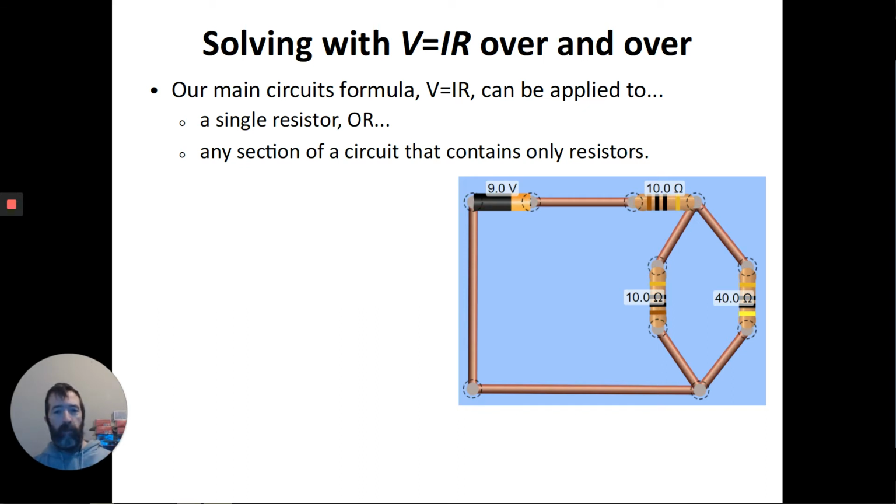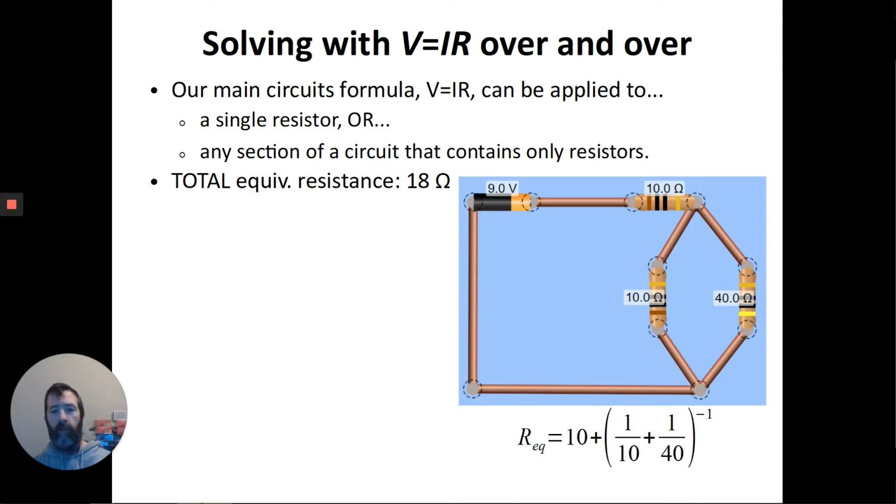So for example, this particular circuit, if you find the total resistance for the whole thing, it's 18 ohms. The parallel part is 1 over 10 plus 1 over 40, and then you take the reciprocal of that. That gives you 8. And that parallel section is in series with this 10. So it gives you a total resistance of 18.